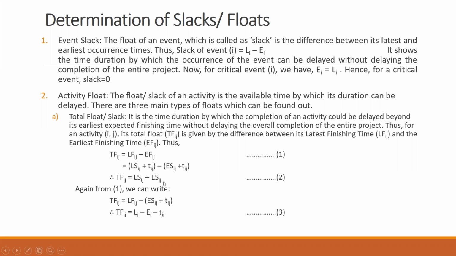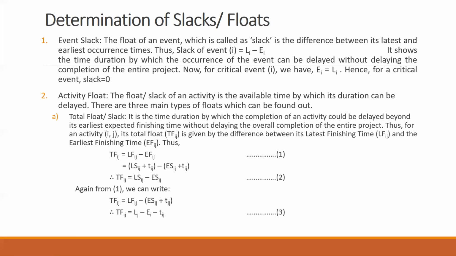So it is one and the same. Either you use the finishing time or you can use the starting time, the earliest starting time or the latest starting time. So all these three formulas can be used to do the calculation for your total float.